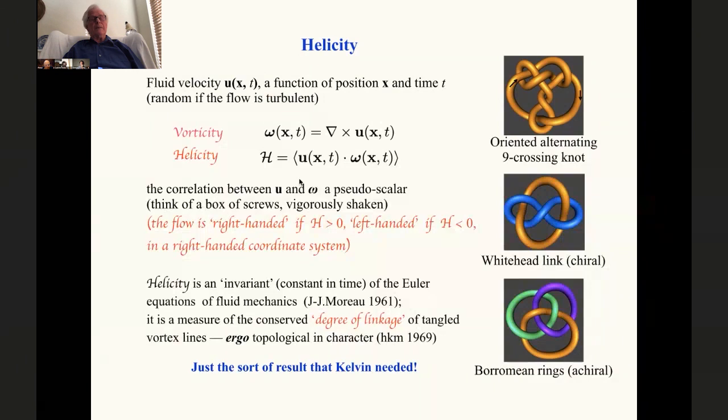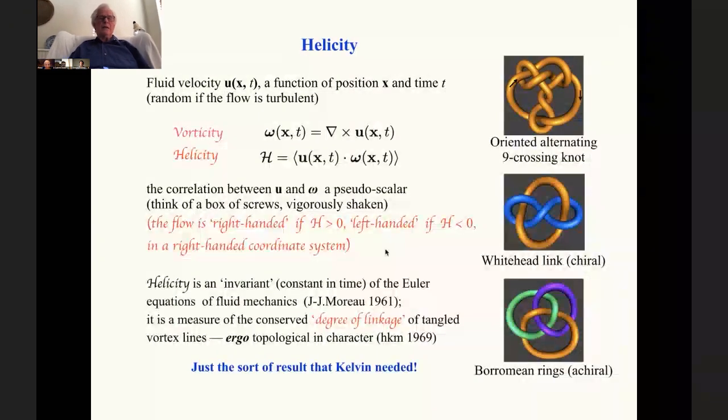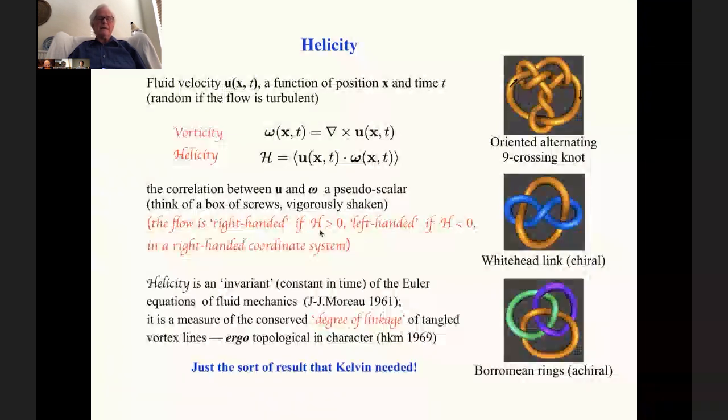It can be non-zero even in isotropic turbulence, invariant under rotation. Think just of a box of screws that is vigorously shaken. If all the screws are right-handed screws, then you still have a helicity, even if the orientation of the screws is quite isotropic. The flow is right-handed if h is greater than zero, left-handed if less than zero, in a right-handed coordinate system.